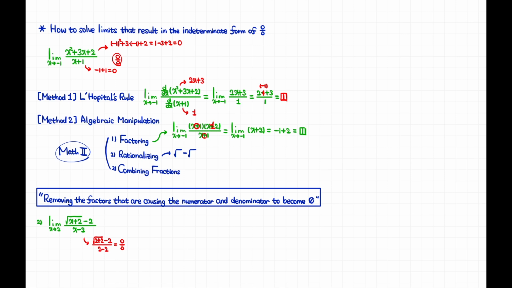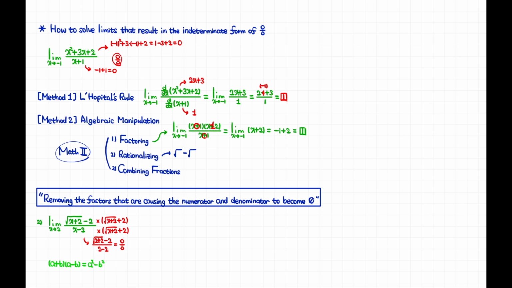Alright, so let's multiply both the numerator and the denominator by the conjugate and see what happens. Basically, a plus b times a minus b equals a squared minus b squared.